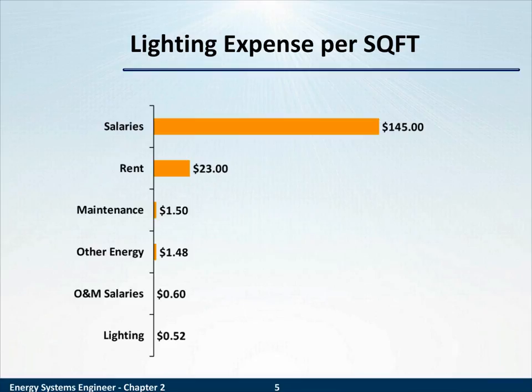So make sure that as you consider lighting retrofit, which is 52 cents a square foot in this example, that you don't negatively impact the productivity of the people in that space. And you don't negatively impact the ability to rent that space.